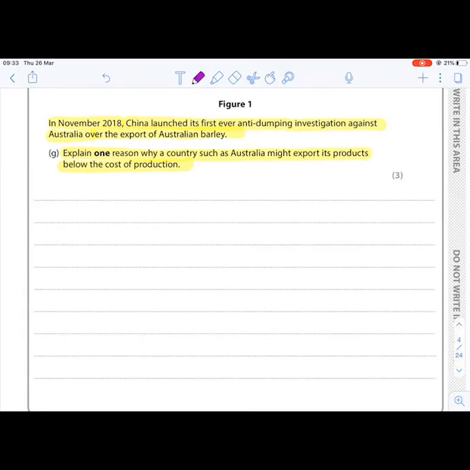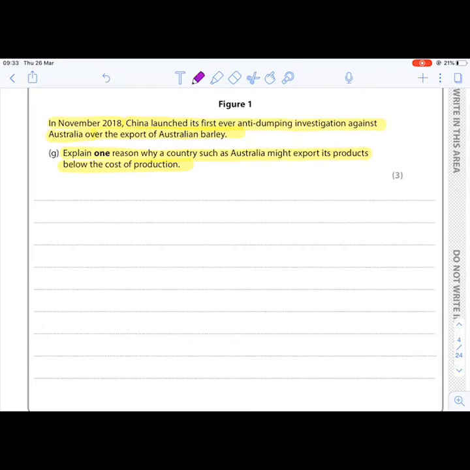Okay, so one reason they might do this is because they will then make a lot of profit from China, and Chinese barley farmers would not be able to compete with Australia's low prices, because if Australia sell the product in China below the cost of production, Australian barley farmers are going to make a loss to begin with.